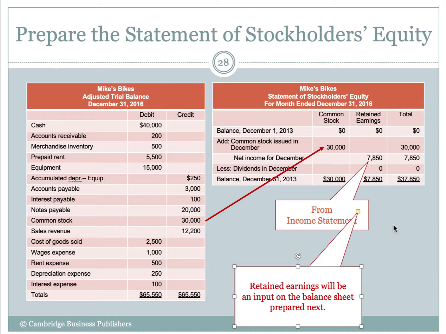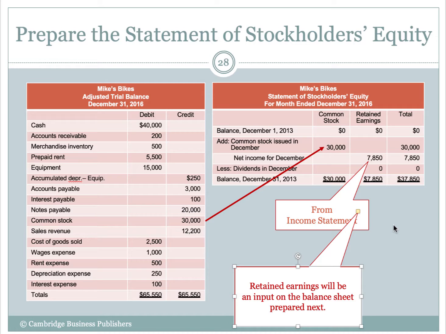Then we're going to add net income that we have from next month's operations. Let's just say it's $7,000. That means our total retained earnings at the end of December 31st, 2017 is $14,850. Okay? From that retained earnings, we can pay dividends, right? We can distribute some of our earnings to our owners.